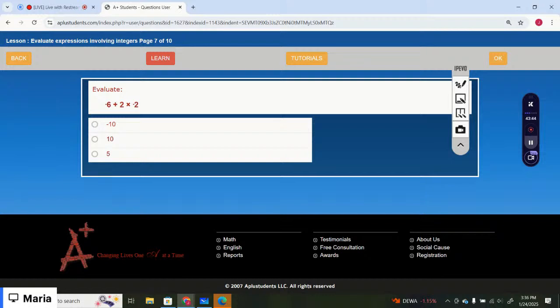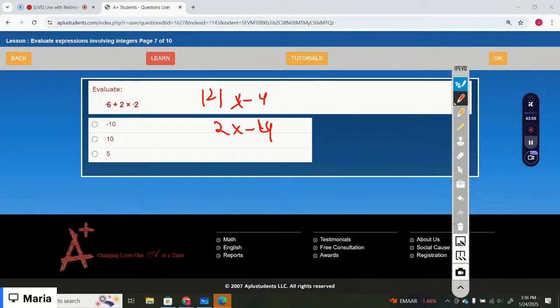Negative 6 plus 2 multiplied by negative 2, which is the correct option? So you have addition and multiplication, right? Multiplication has higher priority, so multiply first. 2 times negative 2 is negative 4. Now, which is the correct option?